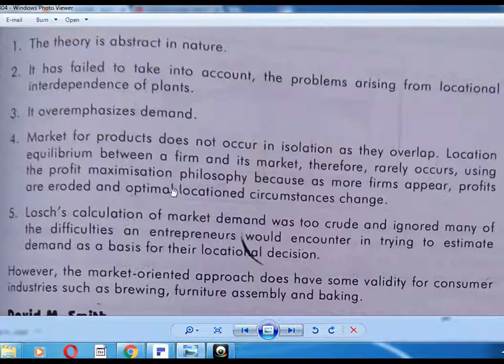Losch's circulation of market demand was too crowded and ignored many of the difficulties entrepreneurs would encounter in trying to estimate demand as a basis for economic locational decisions. However, the market-oriented approach does have some validity for consumer industries such as brewing, furniture assembly, and baking.